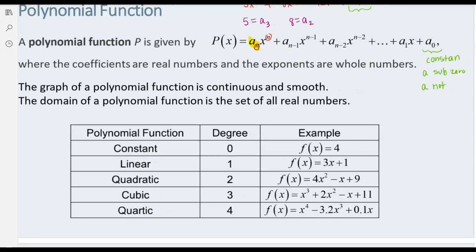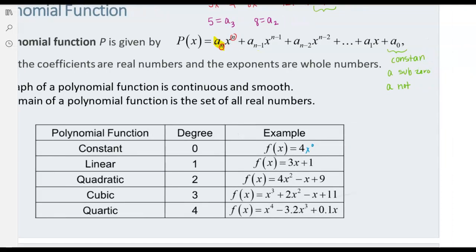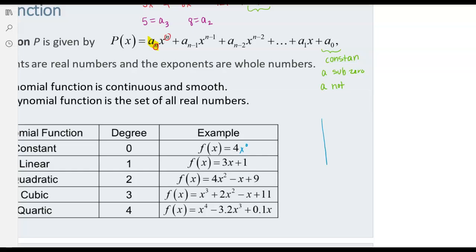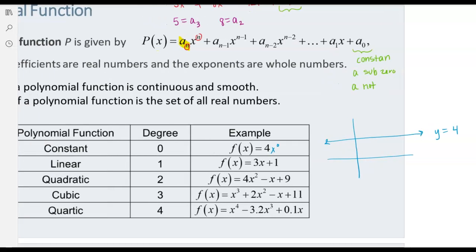If the degree of a polynomial is 0, we have what's called a constant function. We could write this as 4x to the 0 power. We don't usually write that, we would just write 4. And so the graph of that is going to be a line at 4, right? This would be the same as y equals 4, so that's why we call it a constant function.